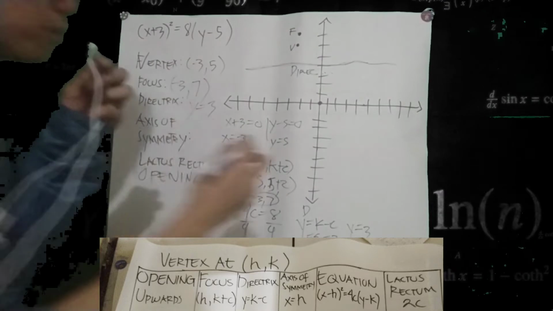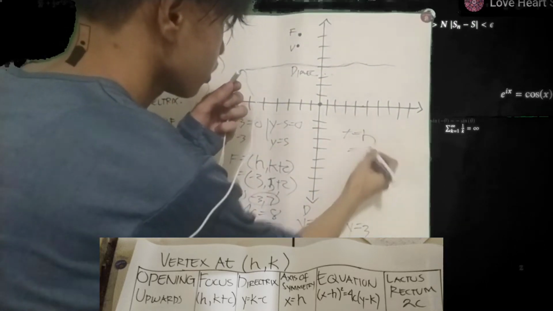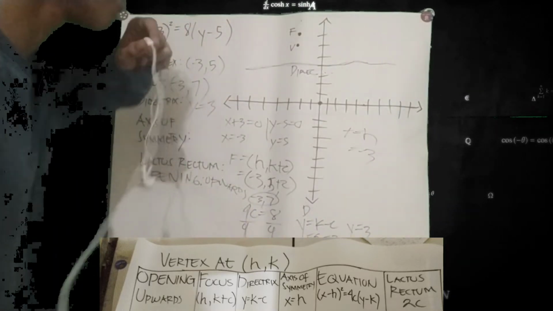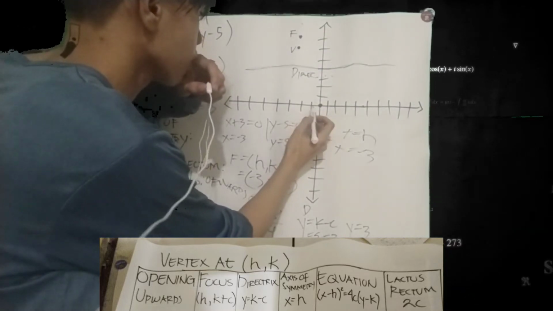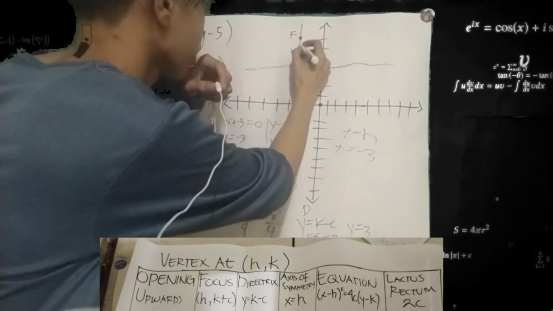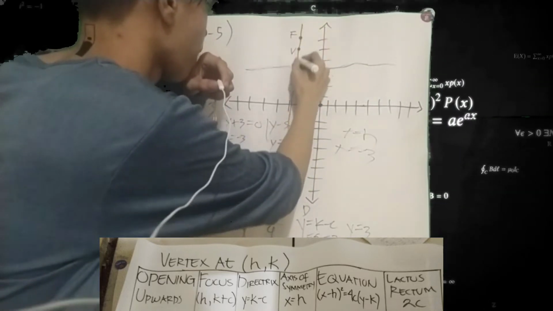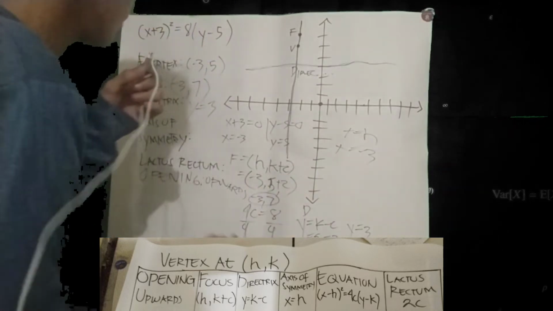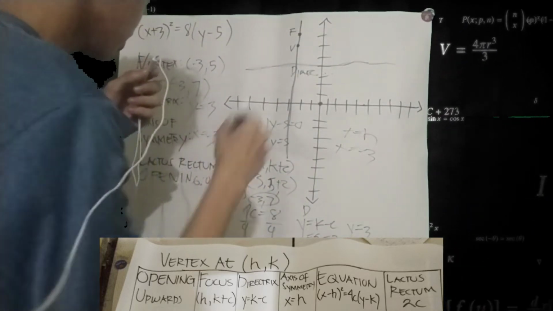For the axis of symmetry, we have x is equal to h. What is the h? It's negative 3. So, for our axis of symmetry, nandito siya 1, 2, 3. Ayan yung axis of symmetry natin. Lagyan natin x equal to negative 3.